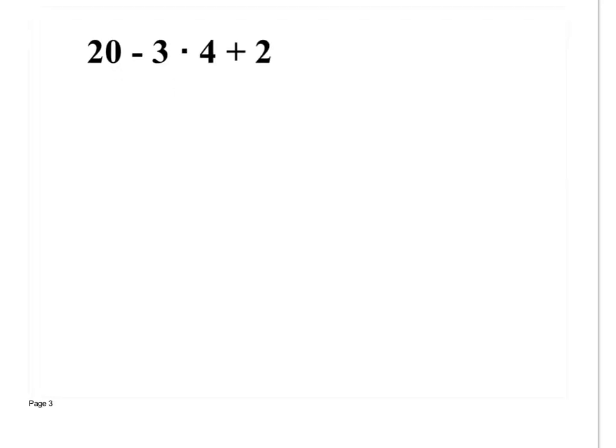Someone raise your hand. Tell me, what do I do first? Brody. 3 times 4. Why? You multiply and divide before you add and subtract. 3 times 4 is what, Brody? 12. Someone raise your hand. Kobe. What?